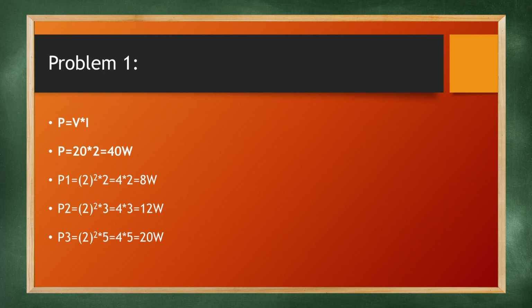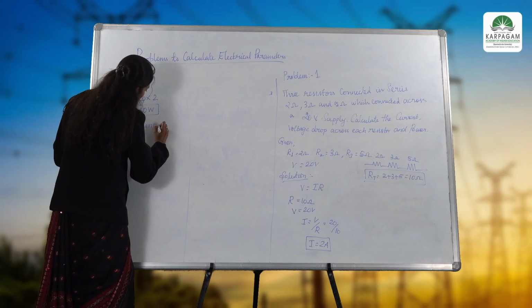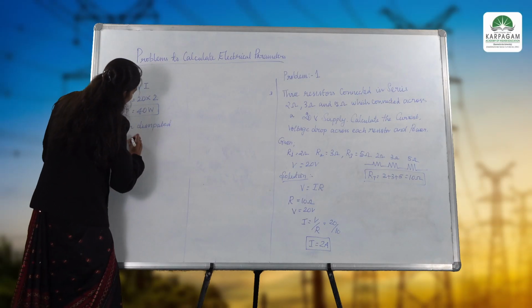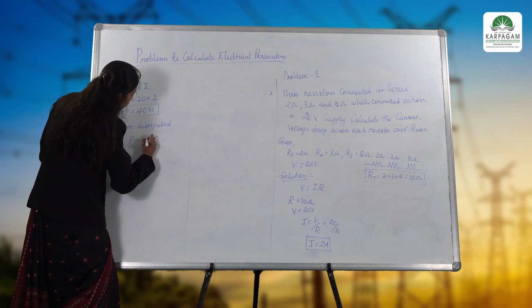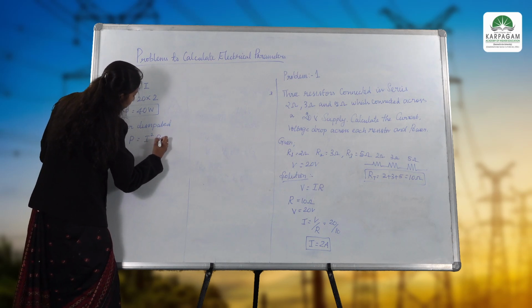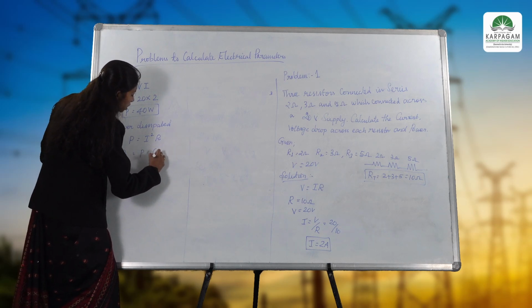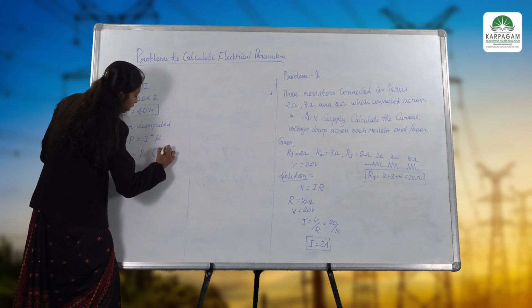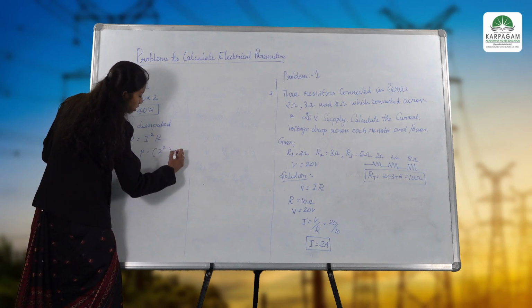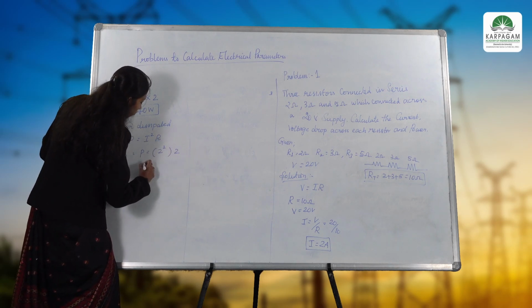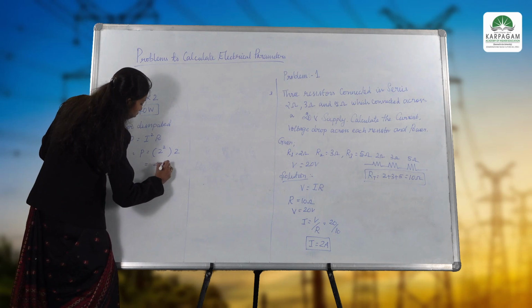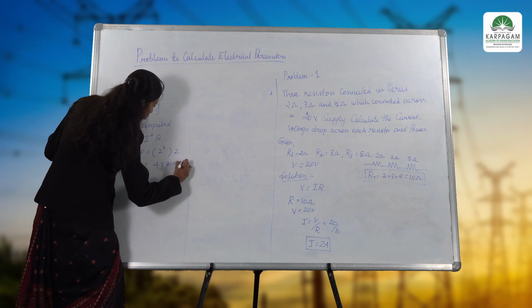I can also calculate the power dissipated in each resistor. I know that power will be equal to I square into R, right? So in case of my first resistance R1, the power will be I square, in the sense it is 2 square, and R1 resistance is 2 ohms. So 4 into 2, this is 8 watts.